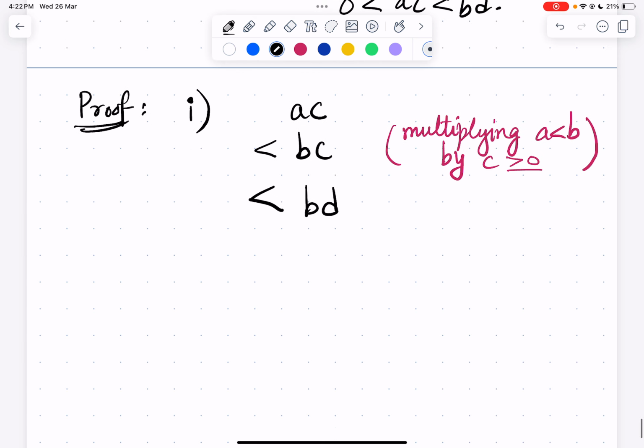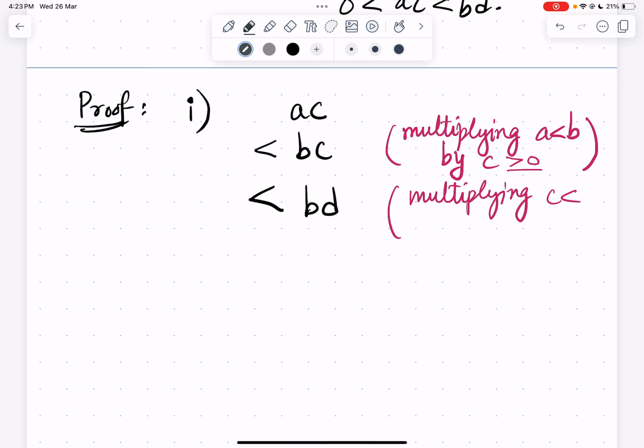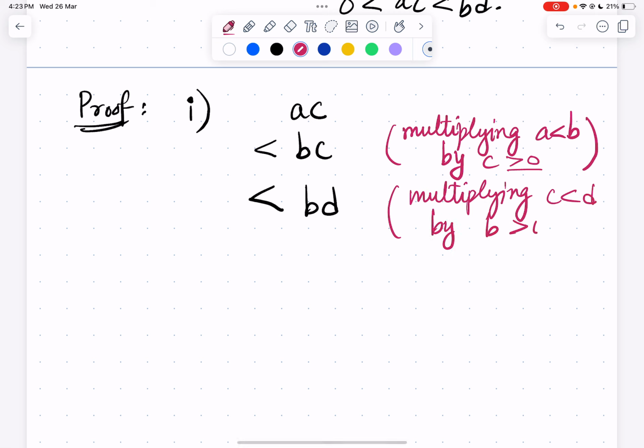So this is by multiplying the C less than D inequality by B greater than 0. So we got AC is less than BC by multiplying the A less than B inequality by C greater than 0, and we get BC is less than BD by multiplying the C less than D inequality by B greater than 0.